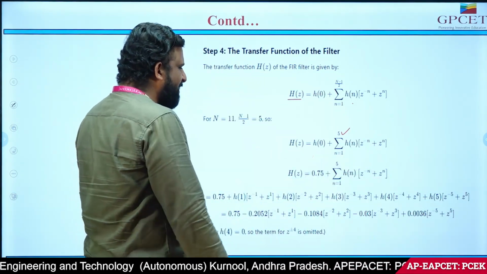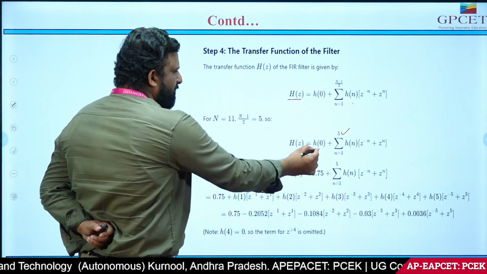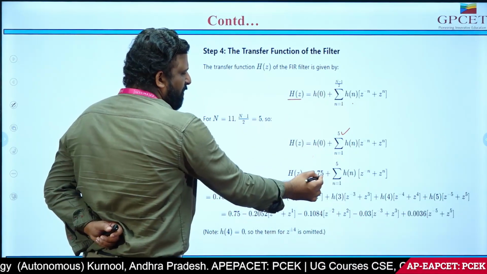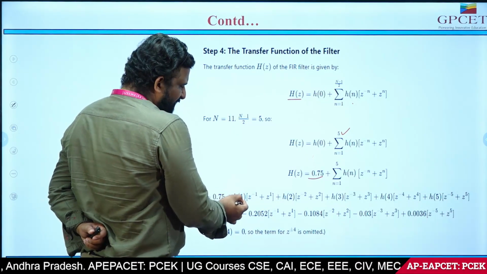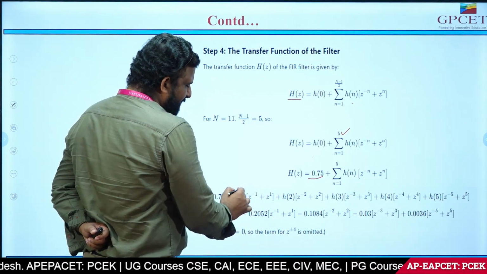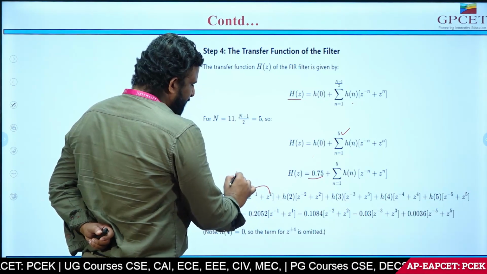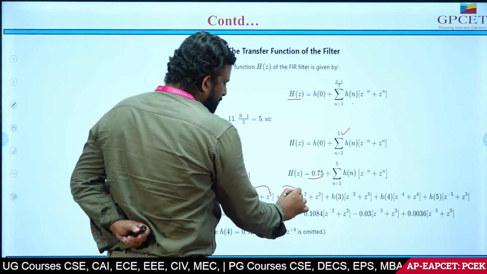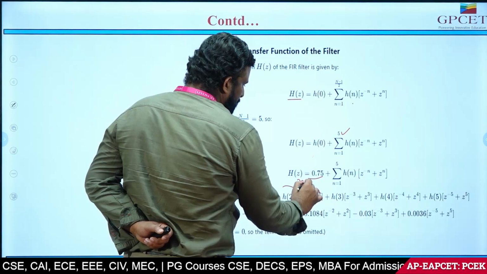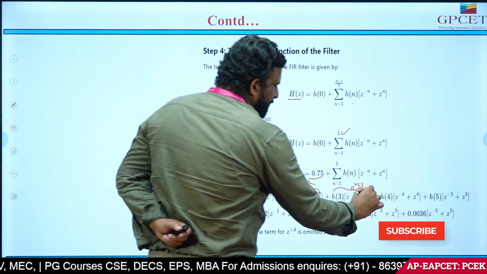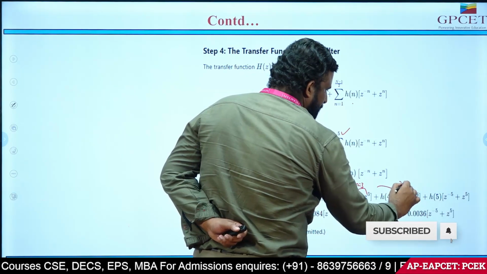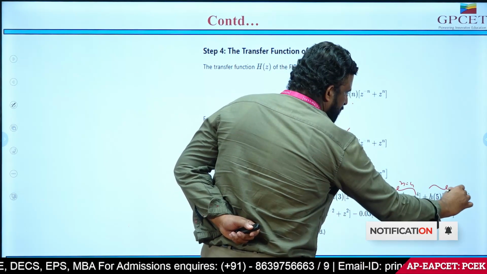By expanding that summation, what is the value of h of 0? We know that h of 0 is 0.75, plus h of 1 into (z power minus 1 plus z power 1). These are the values when I substitute n equal to 1, these when I substitute n equal to 2, these when n equal to 3 and n equal to 4, and finally n equal to 5.